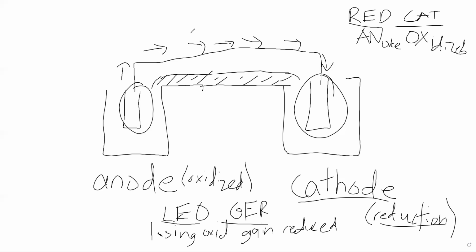But the whole idea is that since you have these electrons leaving here, a lot of these metal particles now no longer have the electrons. Since they don't have the electrons, there's going to be a lot of positive things here, right? Remember, it's being oxidized. That means it's going to get more positive. Likewise, since this is being reduced, you're going to get a lot of negative charges over here.